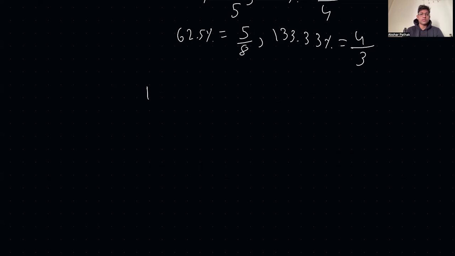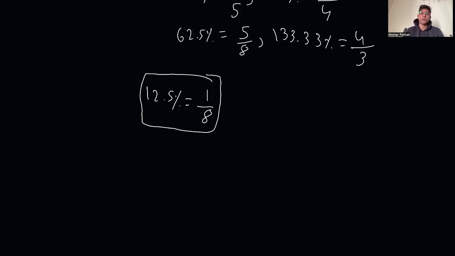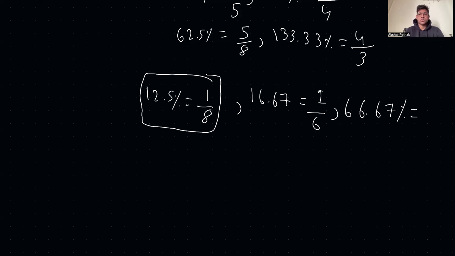12.5%. It's 1 by 8. I am damn sure that you have heard of this number also, 12.5%, many times. Okay, so 16.67%, it's 1 by 6. 66.67%, it's 2 by 3.